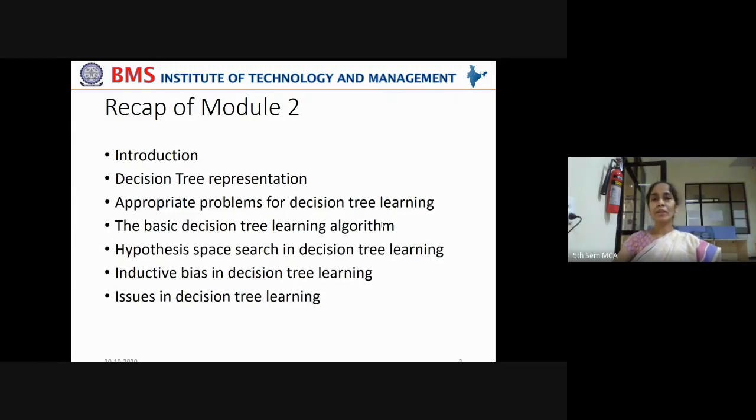So how to avoid that overfitting? We have seen pruning techniques like reduced error pruning and rule post pruning, and also other issues we have discussed, like how to convert continuous valued attributes in order to make the decision tree learning more comfortable for the model. All these topics were covered in the last chapter.